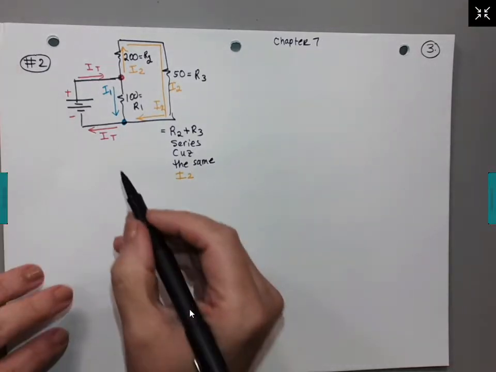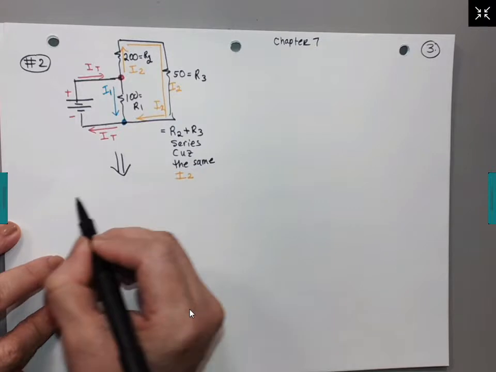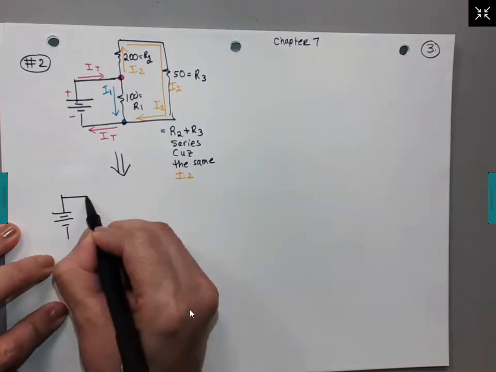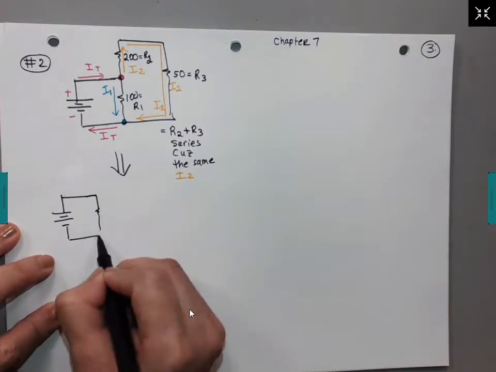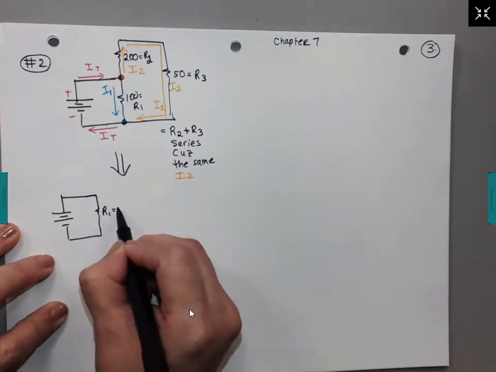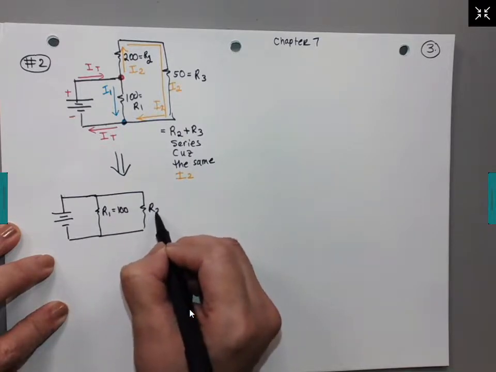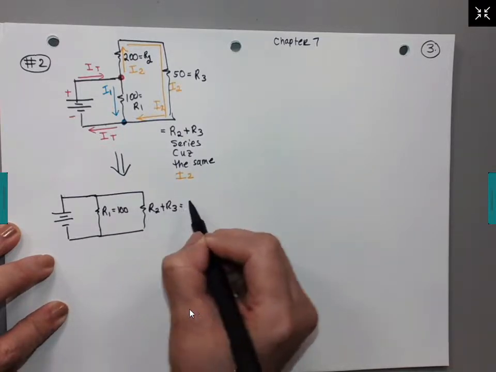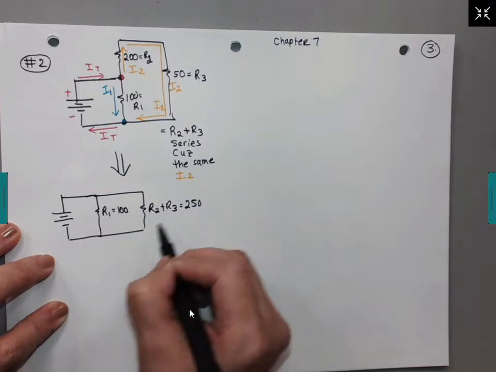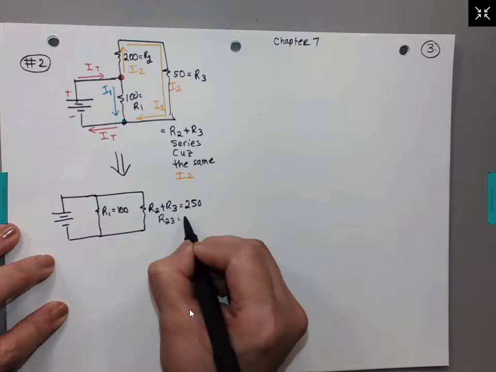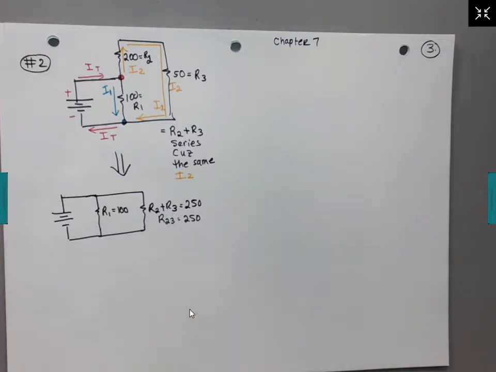Alrighty, so let's reduce it. So I redraw it, and I have R1 of 100, and I have R2 plus R3, which is equal to 250. Sometimes the book likes to write R23 is equal to 250. Okay? What can you tell me about these two?